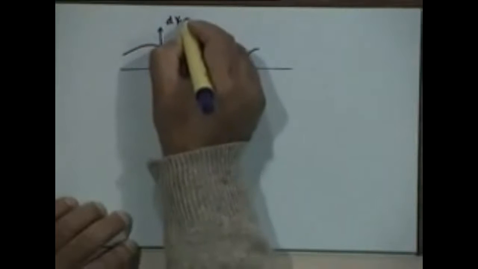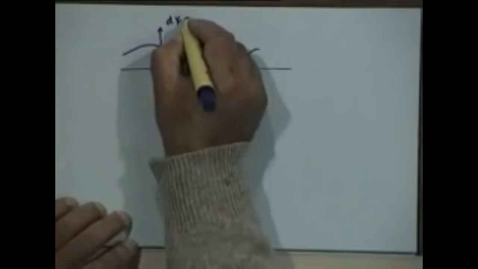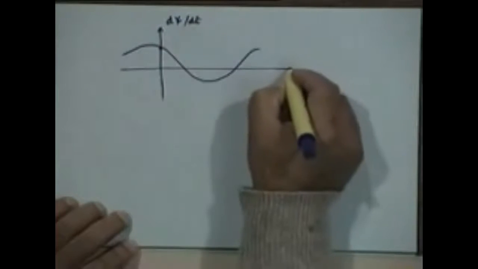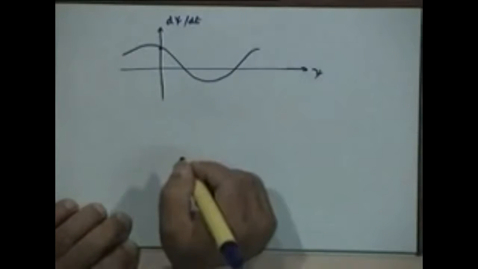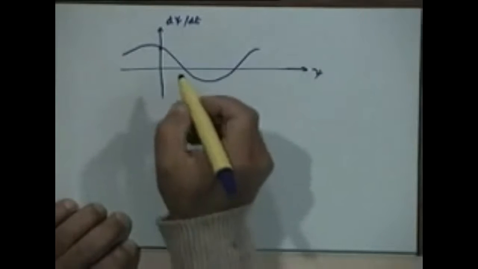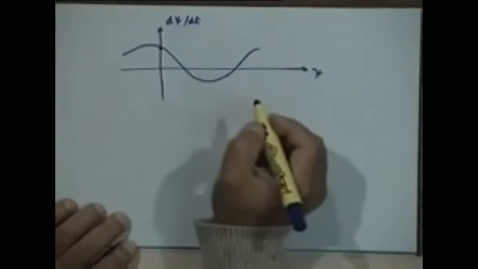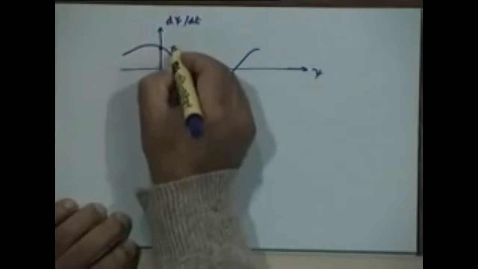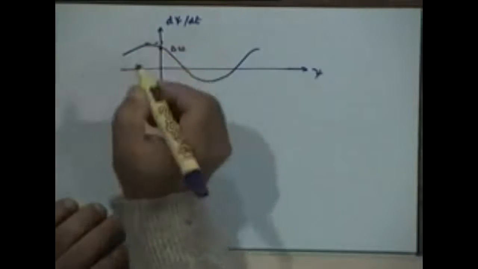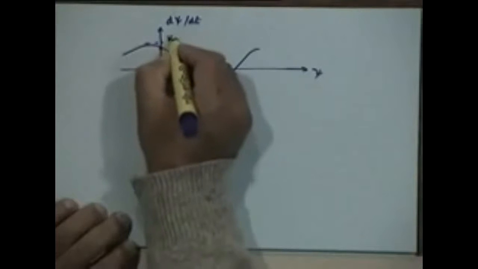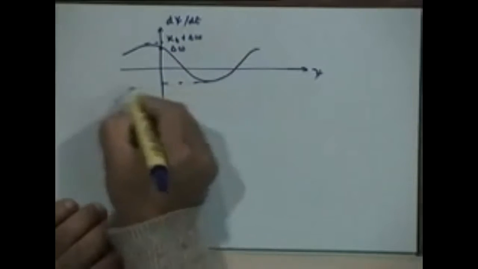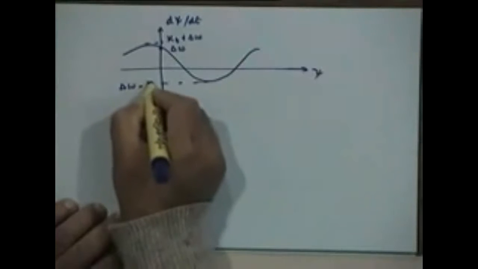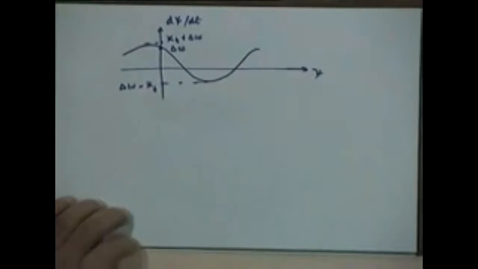So, this is d psi by dt versus psi. This is delta omega, this is k sub t plus delta omega, this is delta omega minus k sub t.